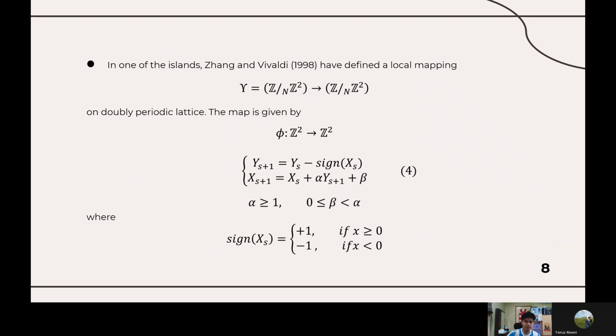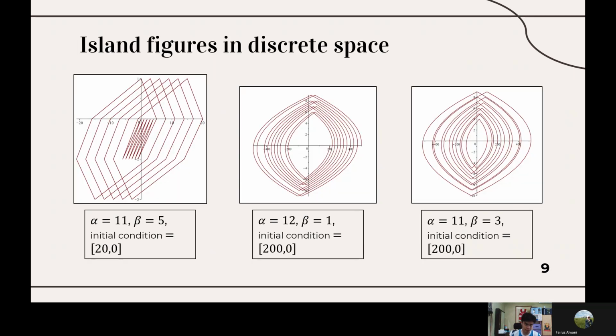This is an example of the figures of the discrete space, the figures of the island chains. If alpha is 11 and beta is 5, with the initial condition at (20, 0), this is the dynamics of the island chains.